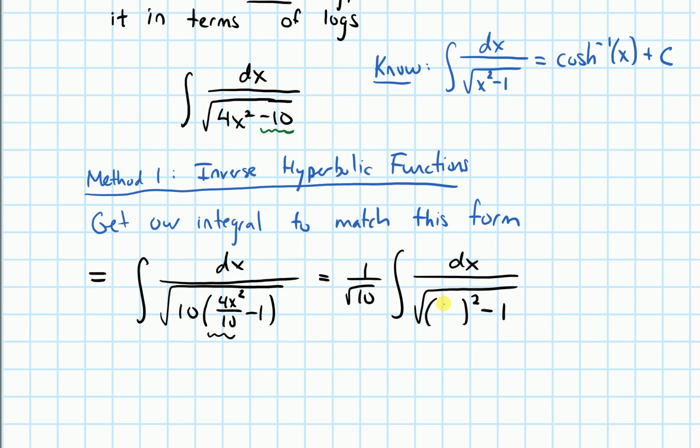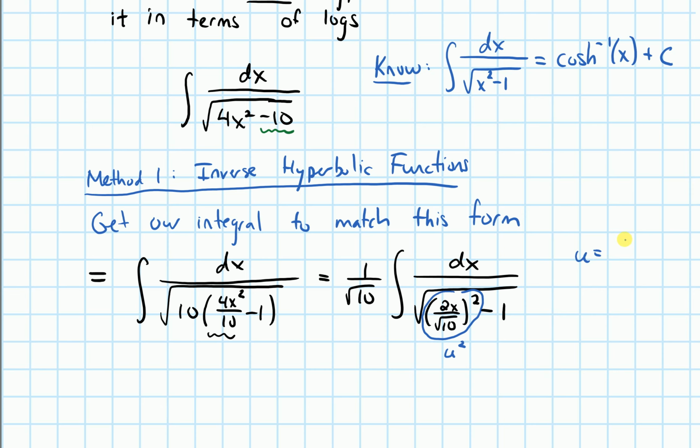It's going to be a 2x in the numerator and a root 10 in the denominator. Now I'd really like for this whole squared term to become a u squared, because then I get to use this formula whose integral is the inverse hyperbolic cosine. So that's telling me that I probably want to do u substitution at this point.